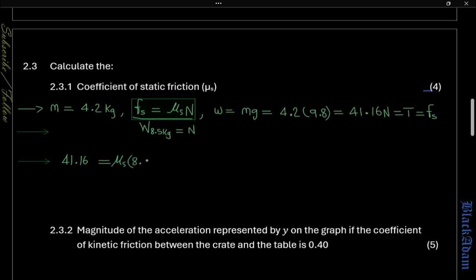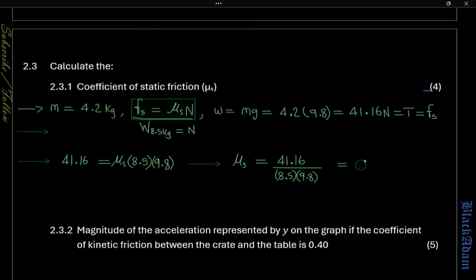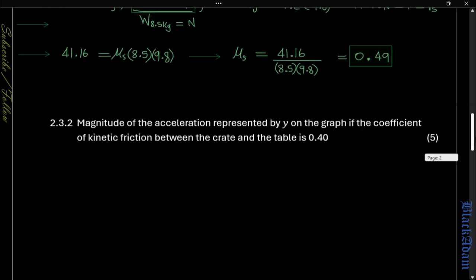To make it weight, multiply by 9.8. So 41.16 equals the static coefficient multiplied by 8.5 multiplied by 9.8. We calculate 41.16 divided by (8.5 multiplied by 9.8) and we get 0.49.